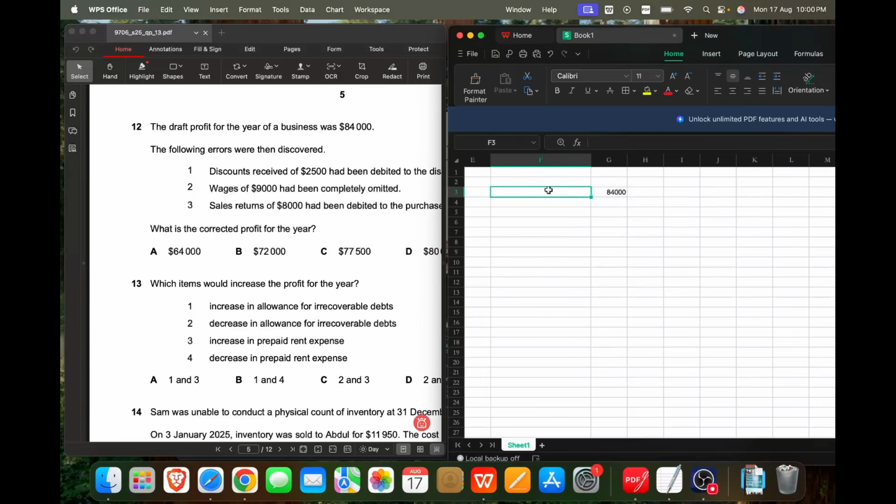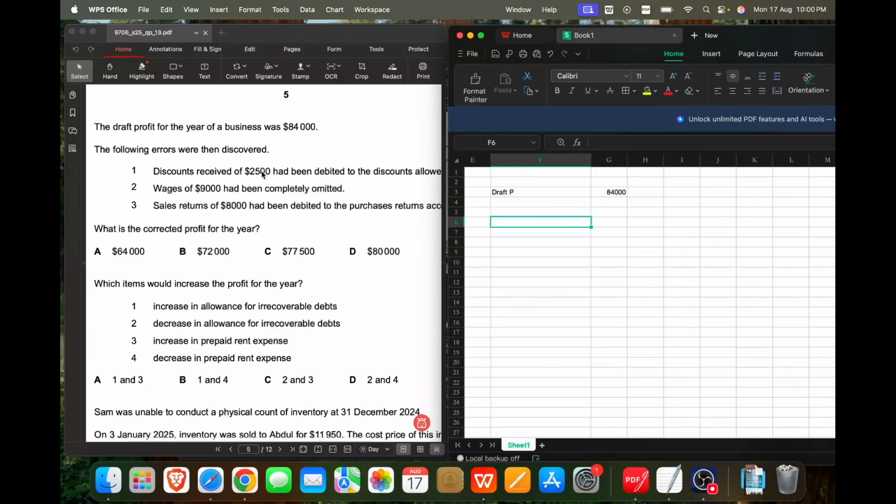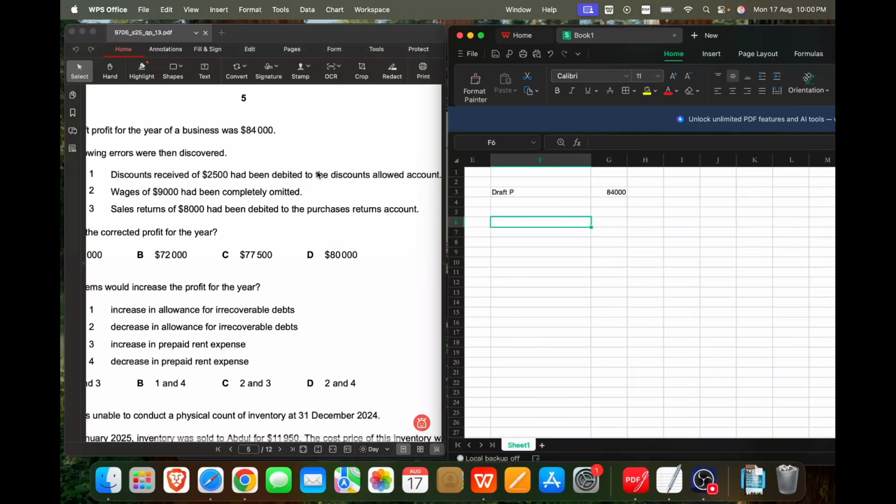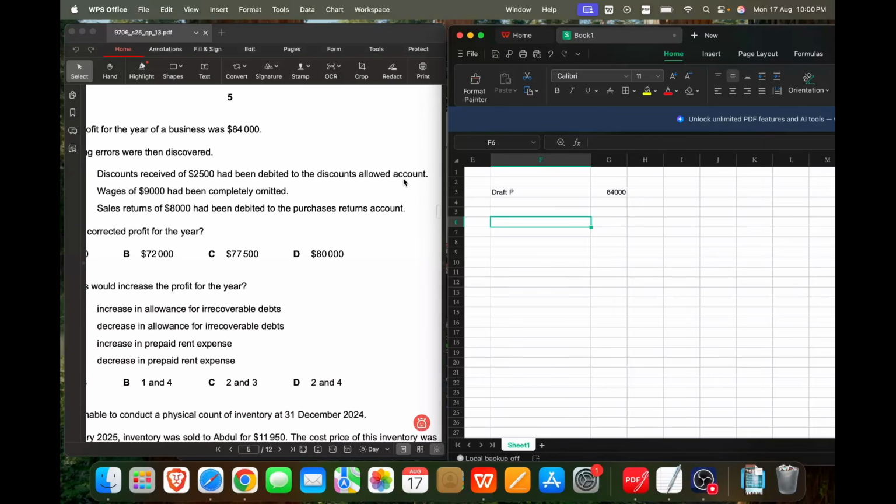So this is your draft profit. Now, first one, they said that the discount received of 2,500 had been debited to discount allowed account. So discount received is income. We should write this on the credit side, but we wrote it on discount allowed, which is an expense on the debit side.